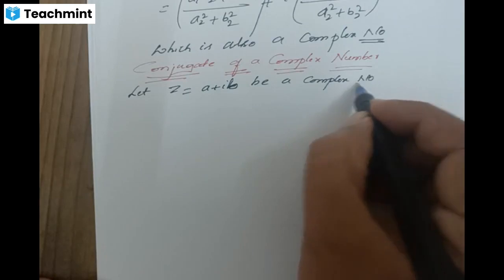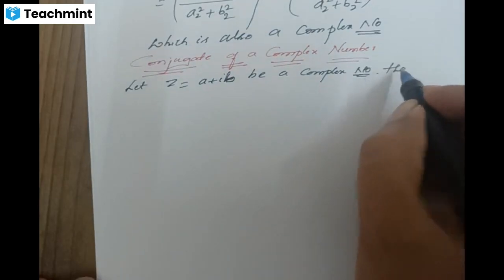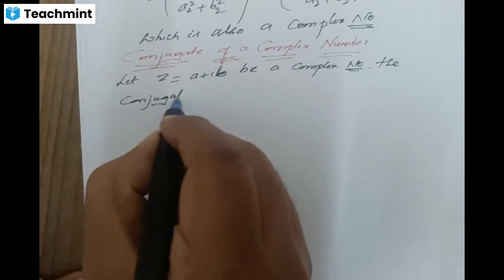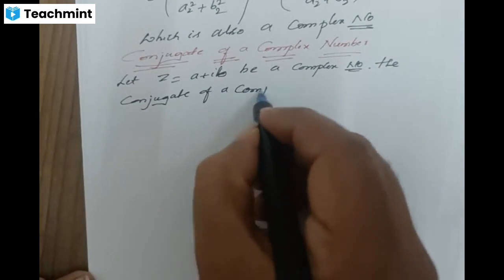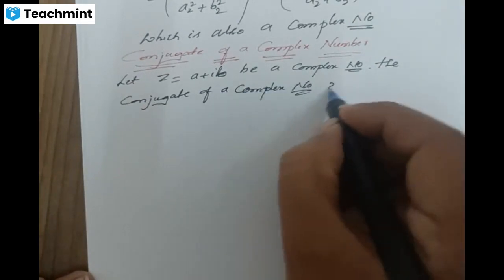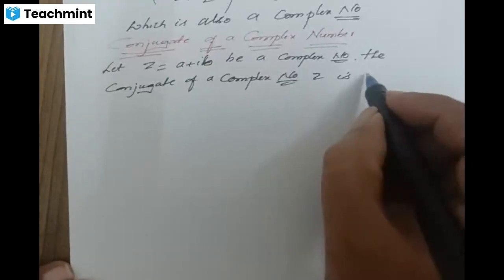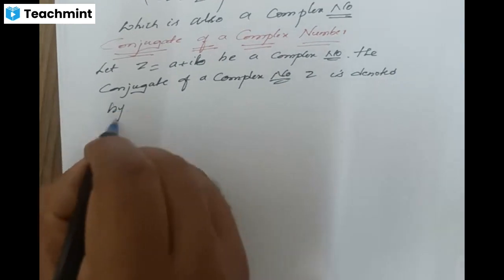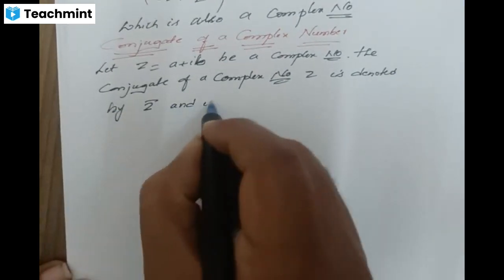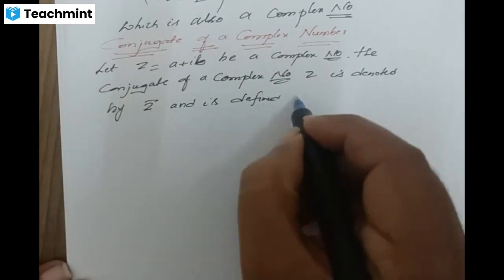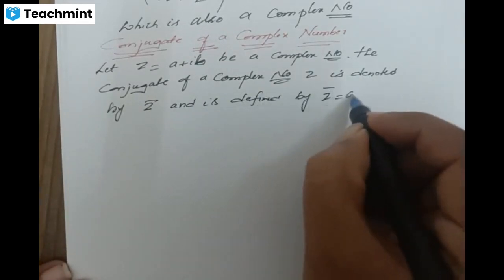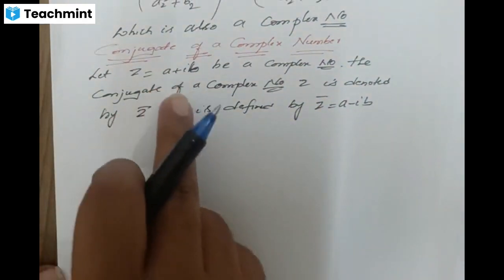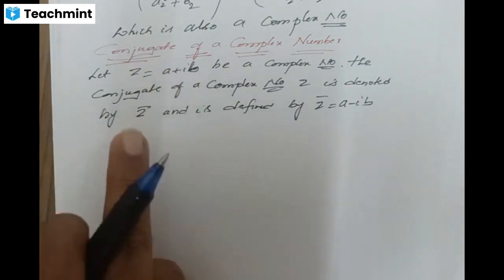The conjugate of a complex number z is denoted by z bar and is defined as z bar is equal to a minus ib. Conjugate means the sign of the coefficient of i is changed. If it is plus, we write minus. If it is minus, we write plus.